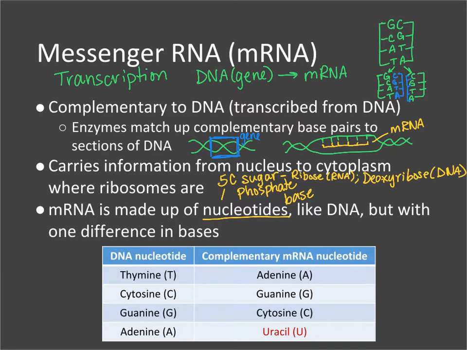The other key difference has to do with the types of bases that are present. So in DNA, we have what we kind of remember as GCAT, where guanine always pairs with cytosine, and adenine always pairs with thymine. Now, mRNA does not have thymine.